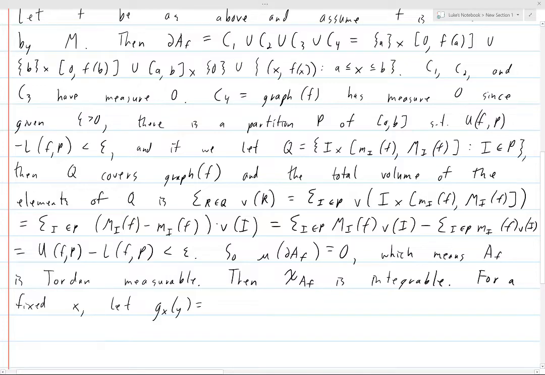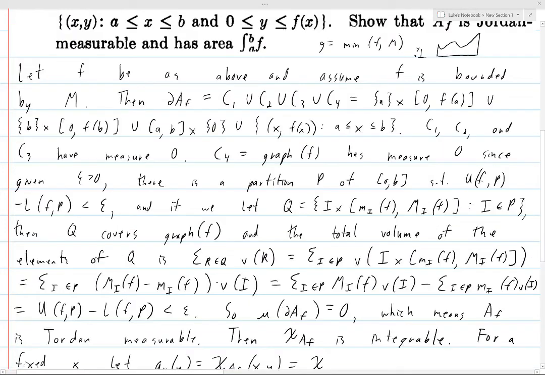Basically x is fixed, and if we look at the definition of A_f, for a point (x,y) that's in A_f with x given, the y value has to lie between 0 and f(x).